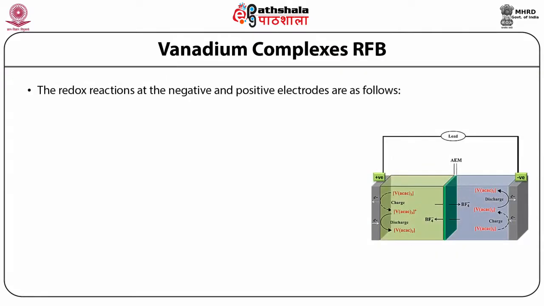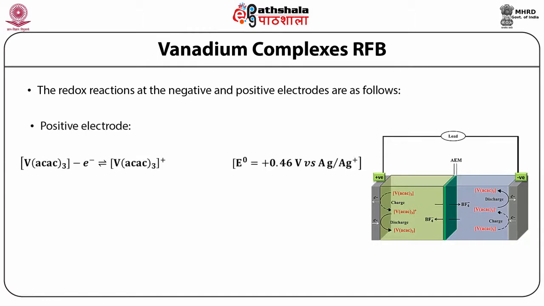The redox reactions at the negative and positive electrodes are as follows. V(acac)3 minus an electron charges or discharges to give V(acac)3+ with E0 equal to plus 0.46 volts versus Ag+.